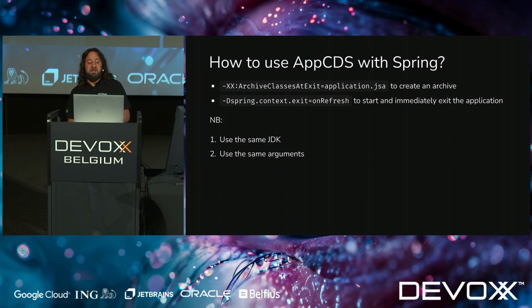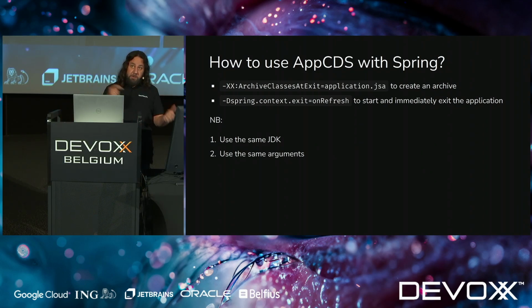And the second one is a Spring argument, spring.context.exit=onRefresh. What the second one does is, when your application initializes everything but lazy beans, it closes itself automatically. It exits, and the previous Java feature saves everything to a JSA archive. And we can actually reuse it.